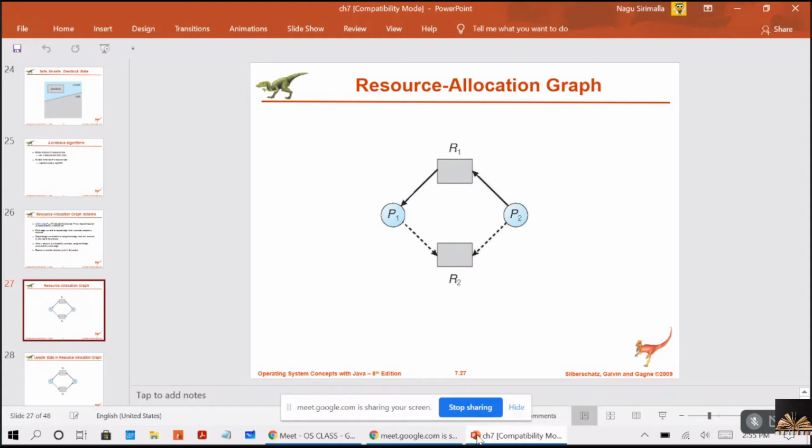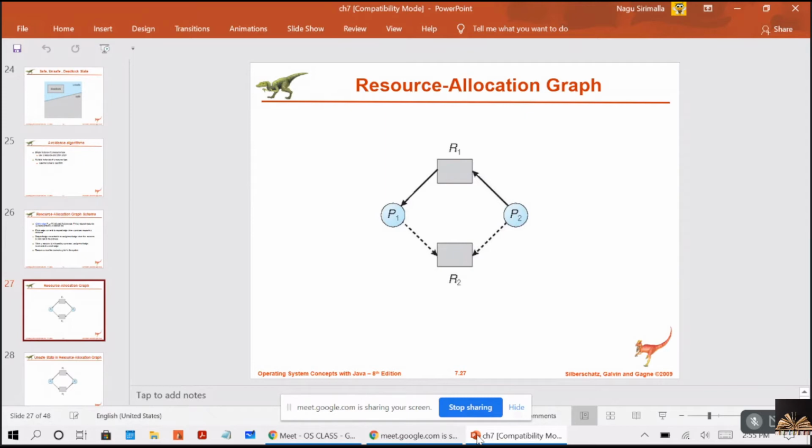Then after, right, it is requesting. When it is requesting, if you assign that, దాన్ని మనం allocate చేస్తున్నాం, assign చేసాం అనుకోండి, if it is making a loop, we will not be assigning that request to the process, right? We will not be allocating that. If no cycle exists, then the allocation of the resource will leave the system in the safe state.